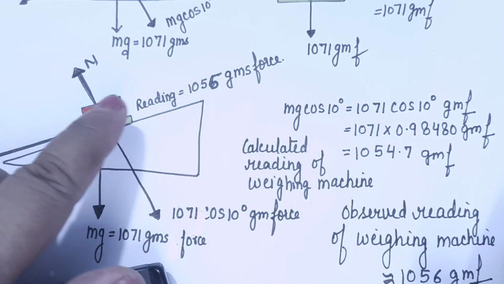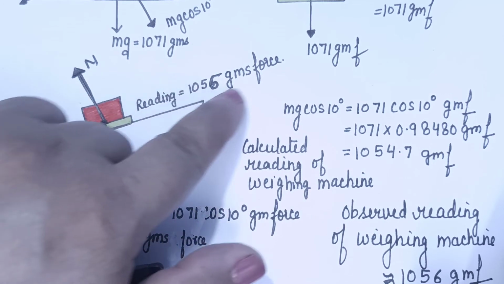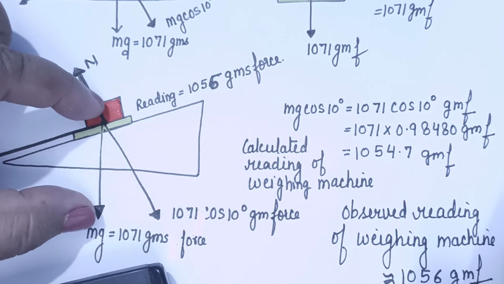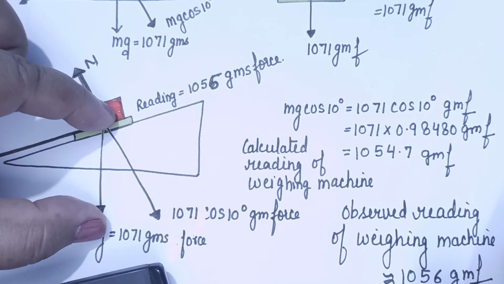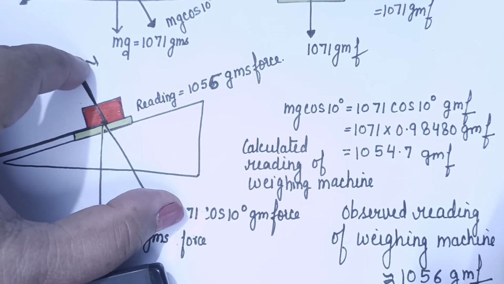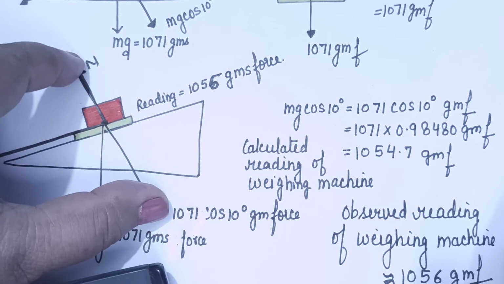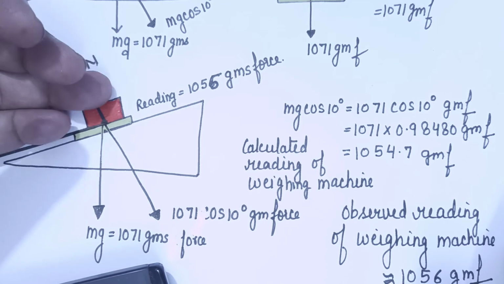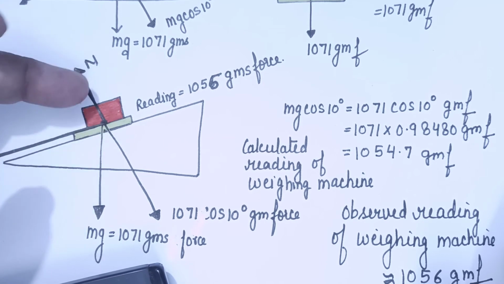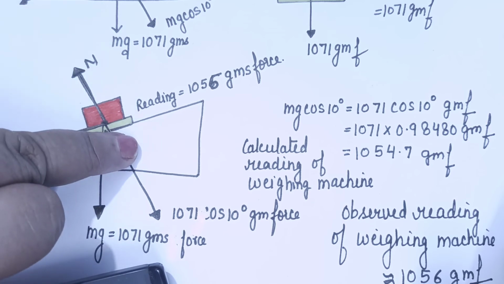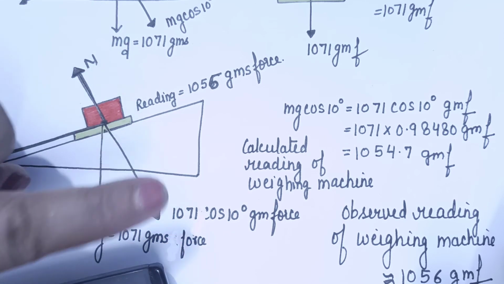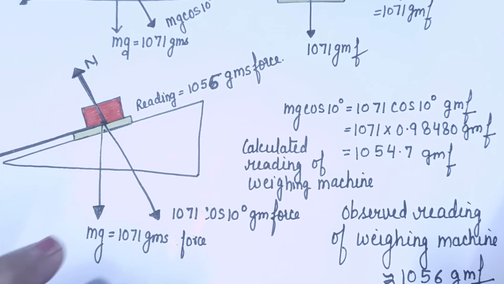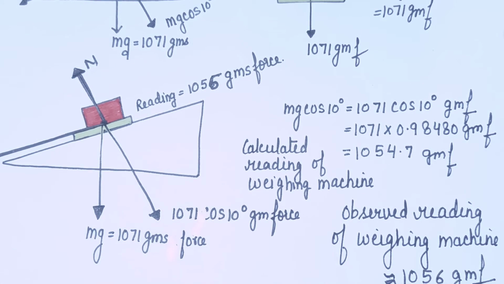So the weighing machine also reads the same reading. That means the weighing machine is not actually reading the gravitational force, but the normal reaction force which the weighing machine exerts on the block, because the block exerts the same force on the weighing machine, equal to the normal reaction force.